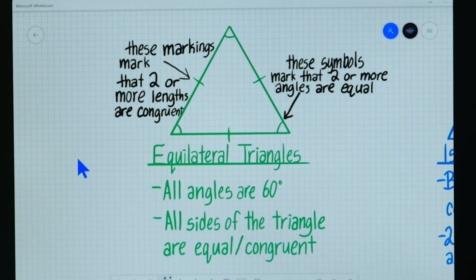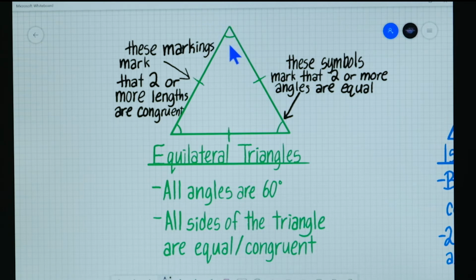Going up to here, we have some examples of every single one of the triangles. First, I will go over equilateral triangles. This is just an example of an equilateral triangle. Not all will look like this, but all will look something like this. As you see, there's a triangle, and I did a little marking right here. This little arch marks congruent angles.